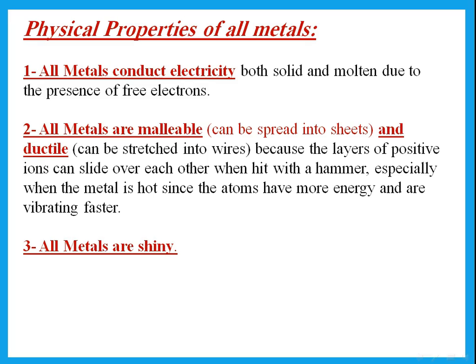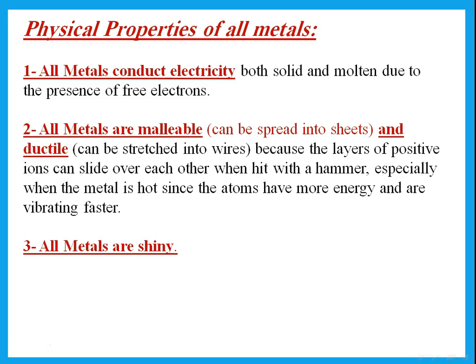Physical properties of all metals. Remember, if they say give physical properties of all metals: metals conduct electricity, all metals are malleable and ductile, all metals are shiny. First of all, metals conduct electricity, both solid and molten. So if you see something that conducts electricity as a solid, it is most probably a metal, because remember that we said ionic compounds will not conduct electricity when solid.